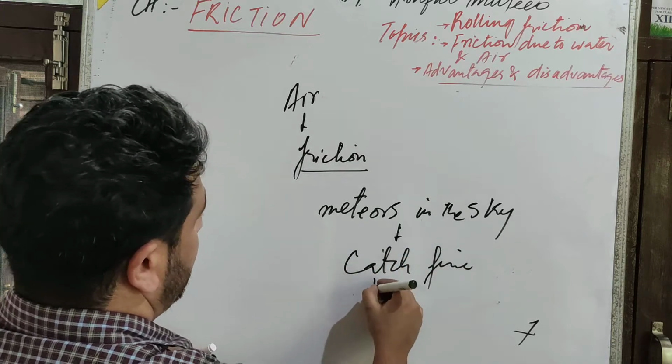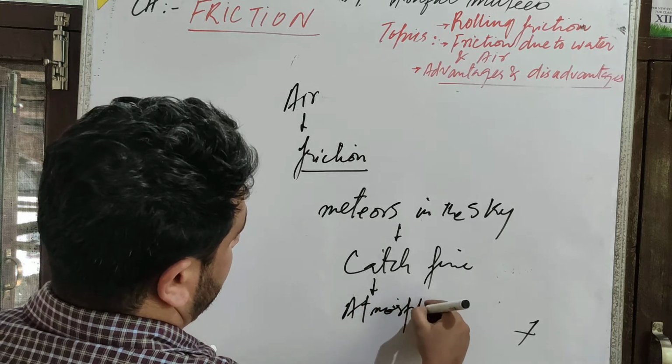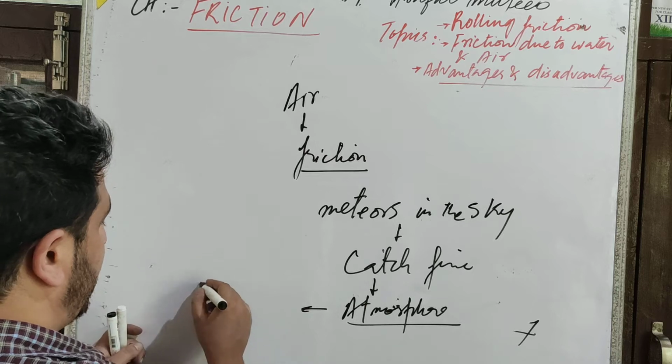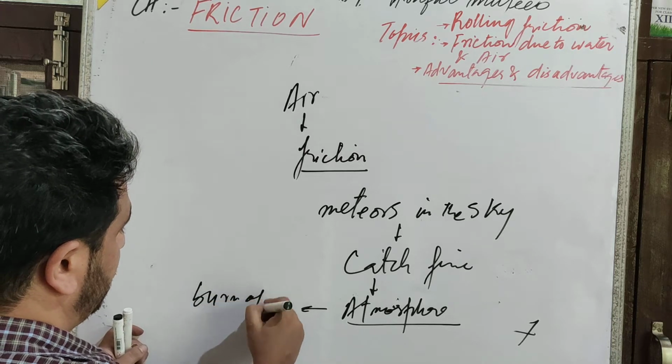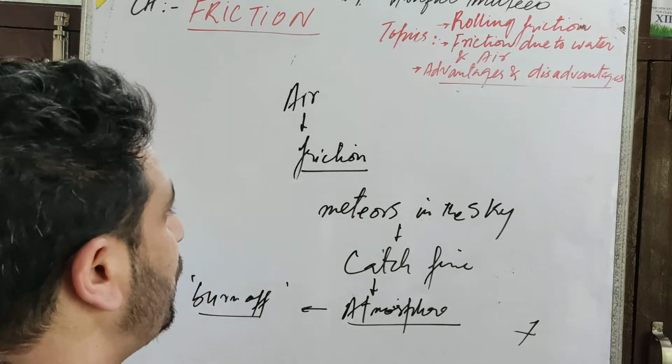Because there is friction due to the atmosphere, it catches fire and it burns off, ये जल जाता है। Because of that, there is a heavy rush when the meteors hit.